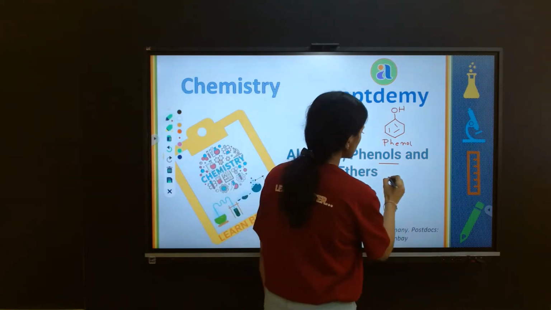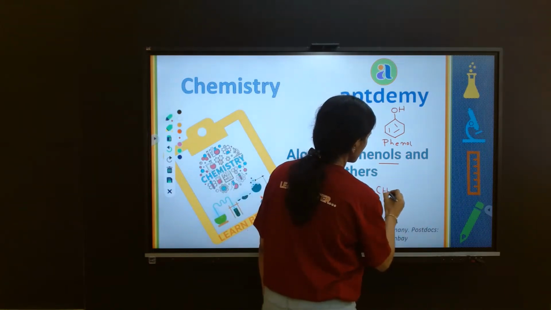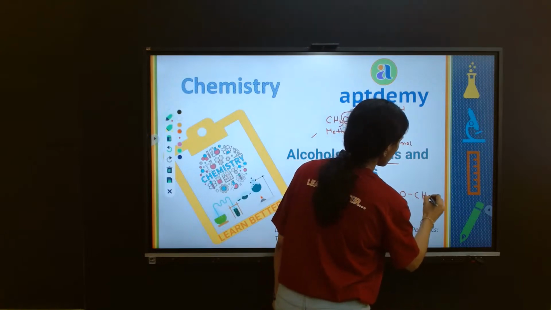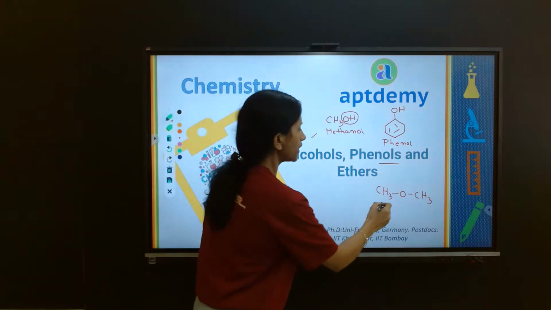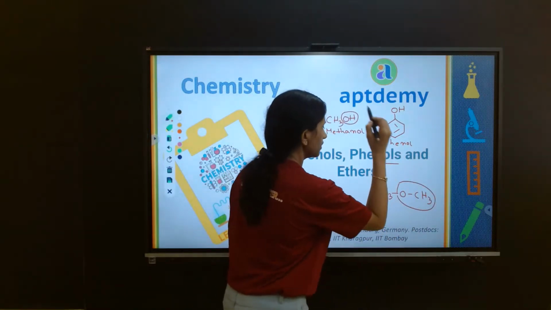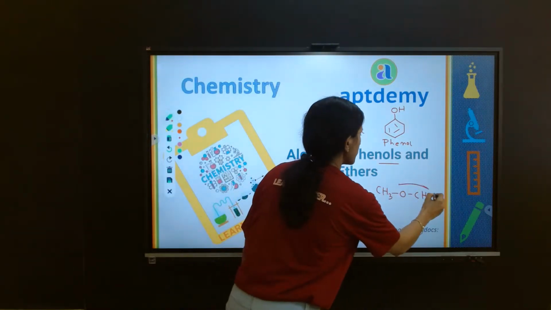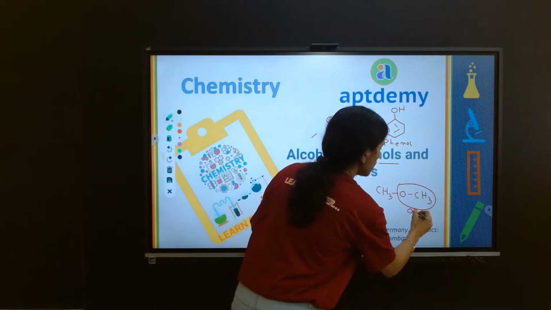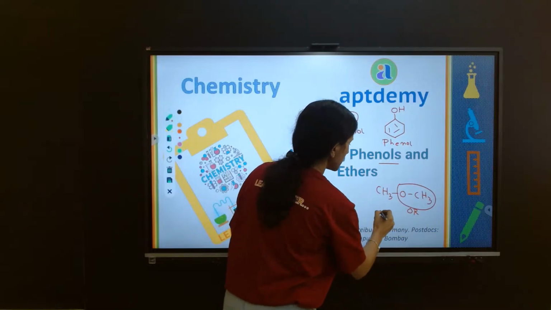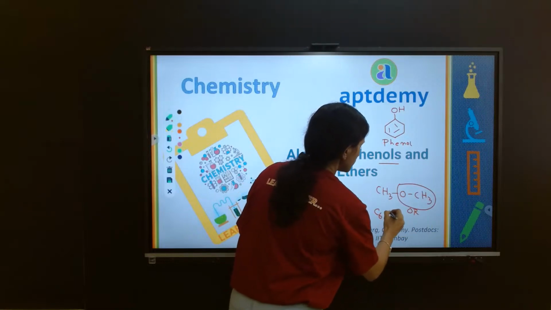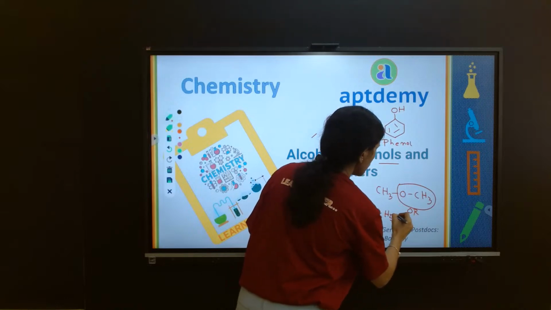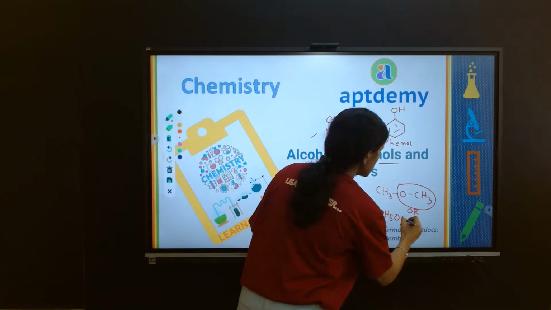And for ethers, we can write, because I have already mentioned that one hydrogen can be replaced by alkoxy group, that is OR, or if you consider benzene ring, then CH3.